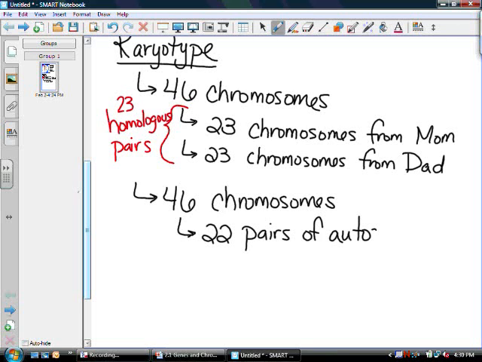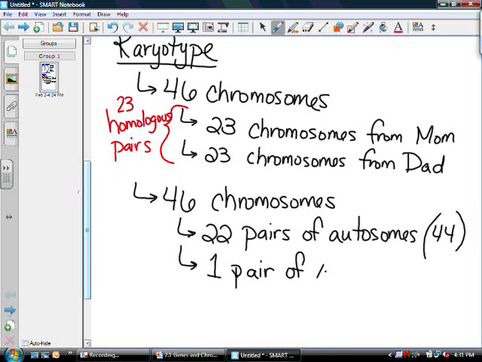of autosomes, which is the same as saying 44. Or we have one pair, sorry guys, smart words being funny, of sex chromosomes.